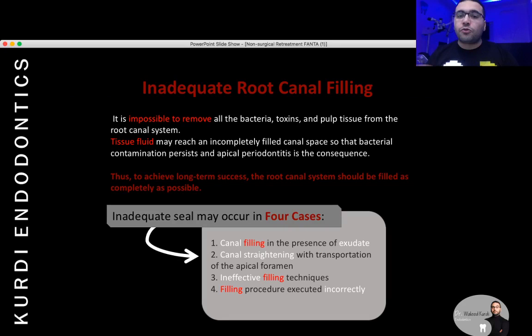And if you are talking about inadequate root canal filling, you should know that an inadequate seal may occur if your canal filling was done when the canal was not dry, in the presence of exudate. Maybe you made a canal straightening with transportation of the apical foramen. Also, you may have used an ineffective filling technique, or even the right technique but performed it incorrectly.